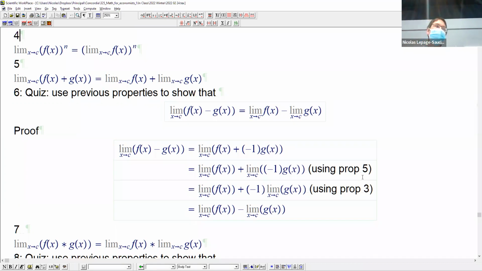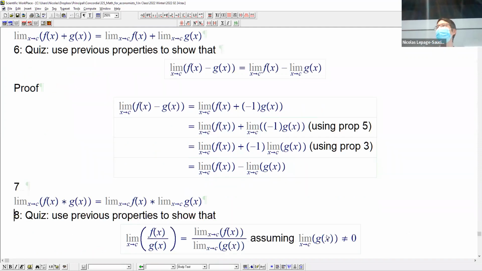Okay, so somebody else. Which properties should I be using to demonstrate 8? Because I know somebody has the right answer. If I want to demonstrate this, what sort of rules should I be using?